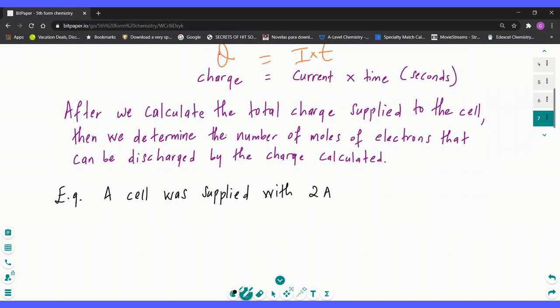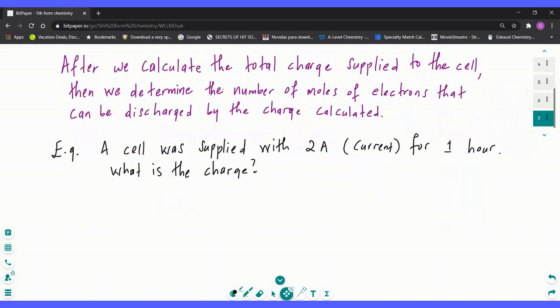So 2 amps represents our current, for 1 hour. What is the charge? That's our first question. If I gave you a current of 2 amps that flowed for 1 hour, how much charge would that be equal to?